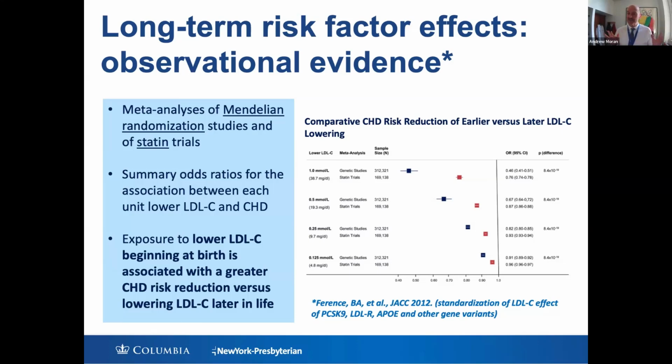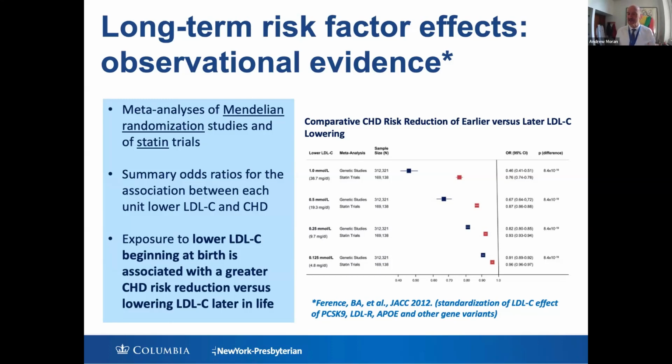So it's the same degree of LDL change, but you can see that the risk reduction in terms of coronary heart disease is many-fold greater in the genetic studies. So why is that? The same amount of change, but much greater effect. What we think is the reason is that people who have a genetic variant that gives them a low LDL cholesterol, it starts at birth, right?